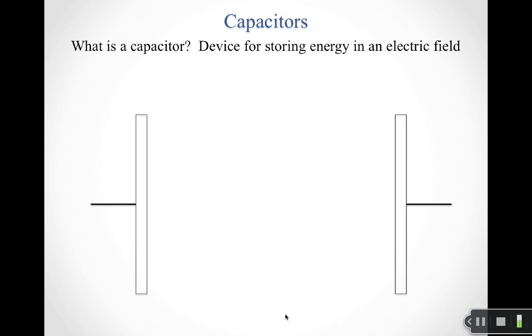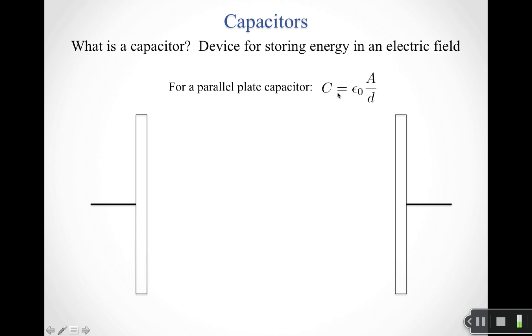Now, how do we store this energy within an electric field? Let's start again with our two plates, but this time let's start with them being uncharged. We can slowly start to bring charges in to charge these plates up. In this situation, my two plates happen to be parallel to each other. It doesn't matter whether these are circular plates or rectangular plates. The important thing is that they're parallel to each other and separated by some distance d.